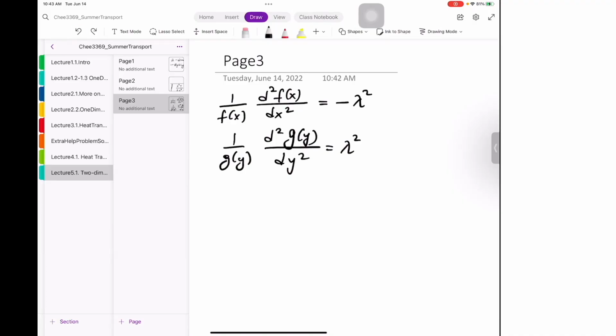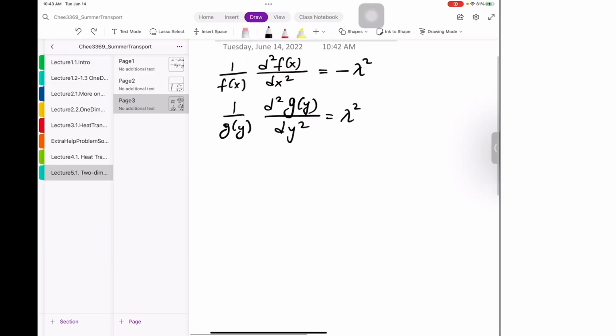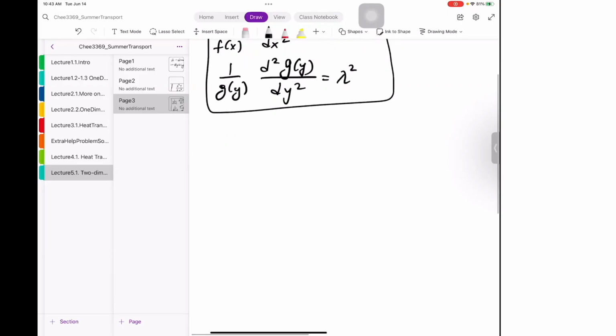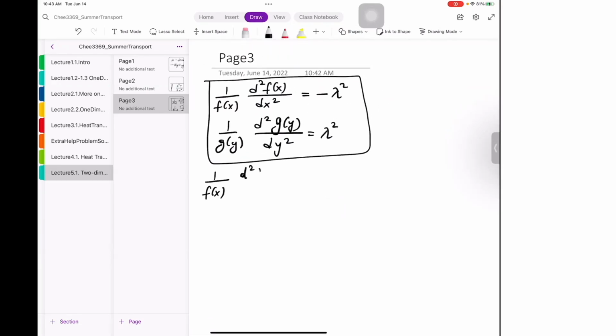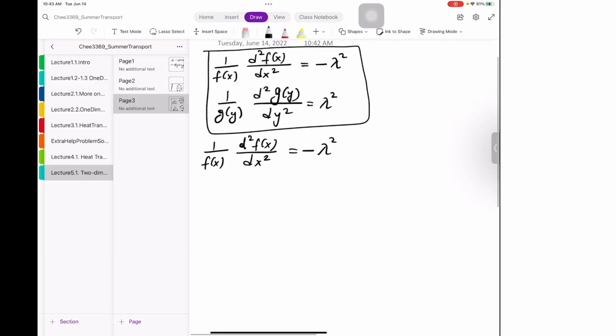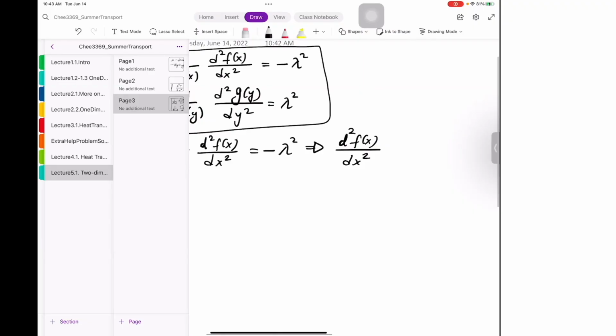Okay, so you have two equations. Let's go one by one. Let's start with 1 over f of x, d squared f of x over dx squared is equal to minus lambda squared. And from here, you find d squared f of x over dx squared is equal to minus lambda squared f of x.